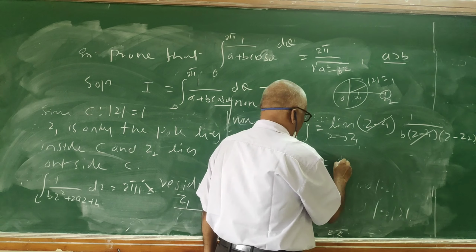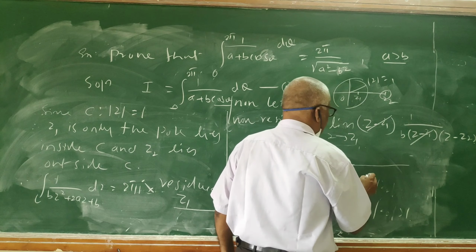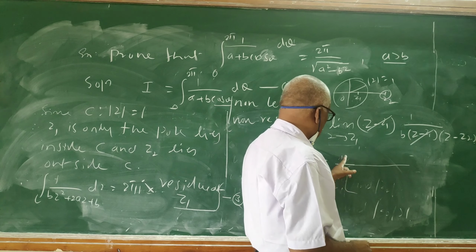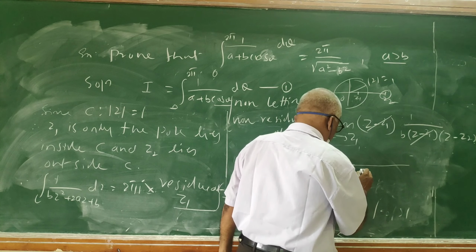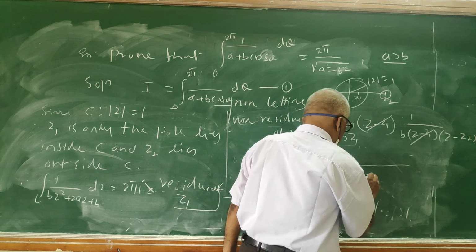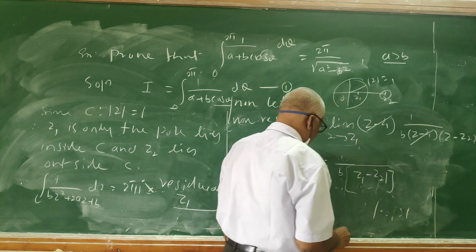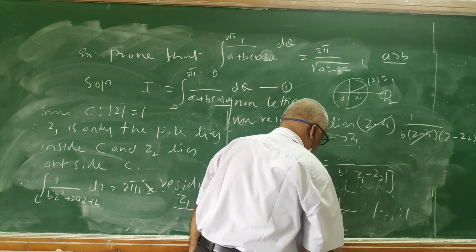What does that mean here? 1 by b as it is, into the bracket, Z minus Z1 gets cancelled as Z tends to Z1, so that here 1 by b times (Z1 minus Z2). It is 1 by (Z1 minus Z2). This we have to simplify. For which, 1 by b, keep it aside, into Z1. What is Z1 here?